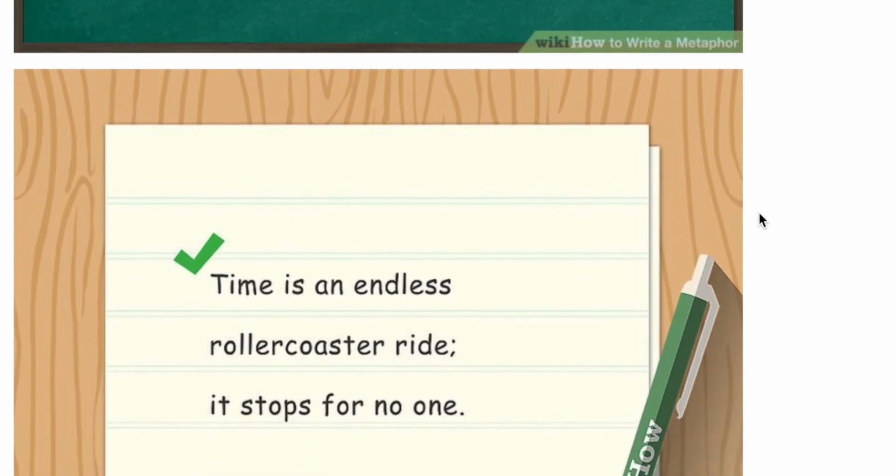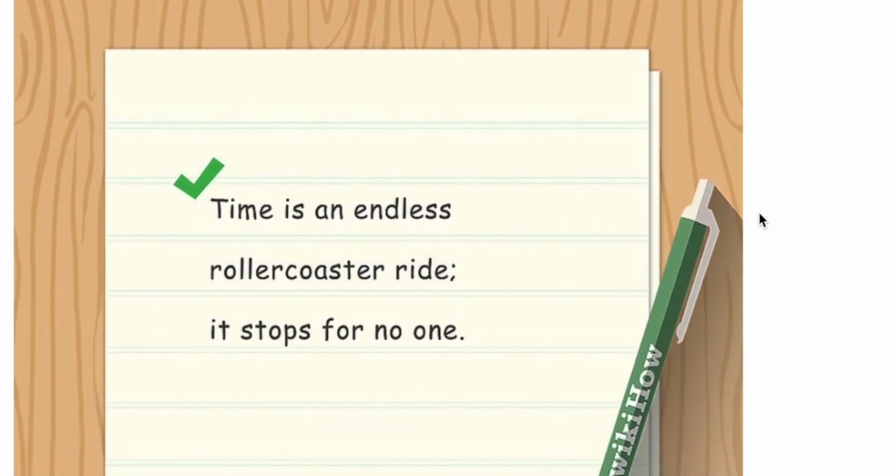I'll show you more examples. So, it says here time is an endless roller coaster ride. It stops for no one. So we all know that time is just time. It's not a roller coaster or a ride for this matter, but it's comparing time to the roller coaster ride because both of them stop for no one.